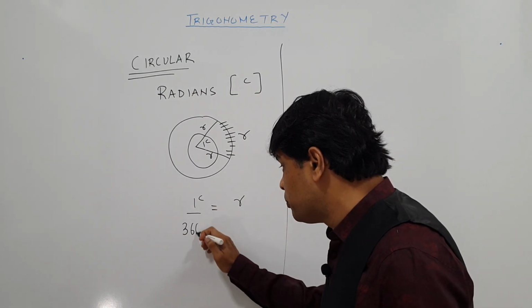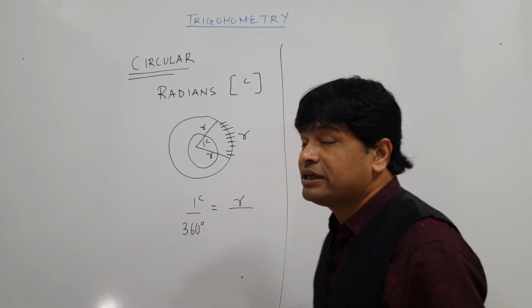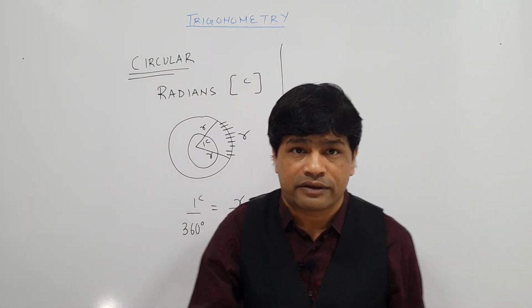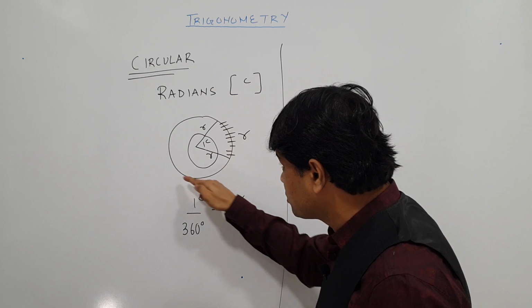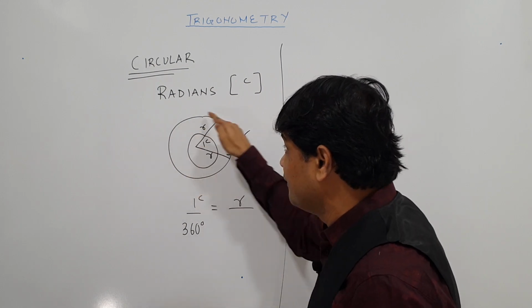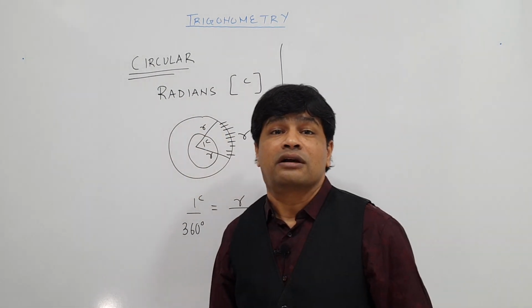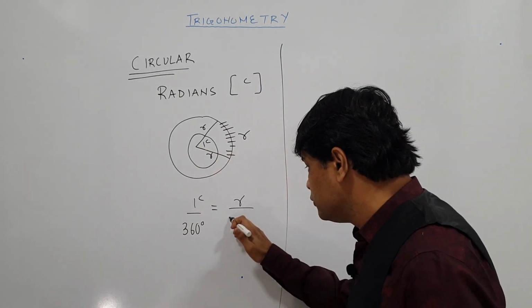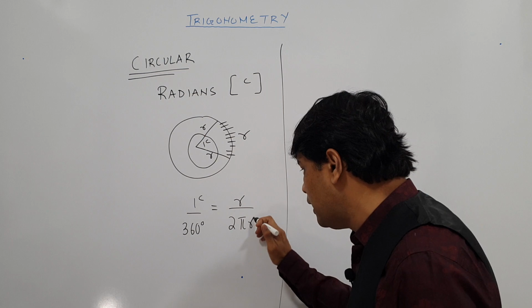One complete rotation means the distance covered is the full length, the circumference of the circle, which is 2 pi r.